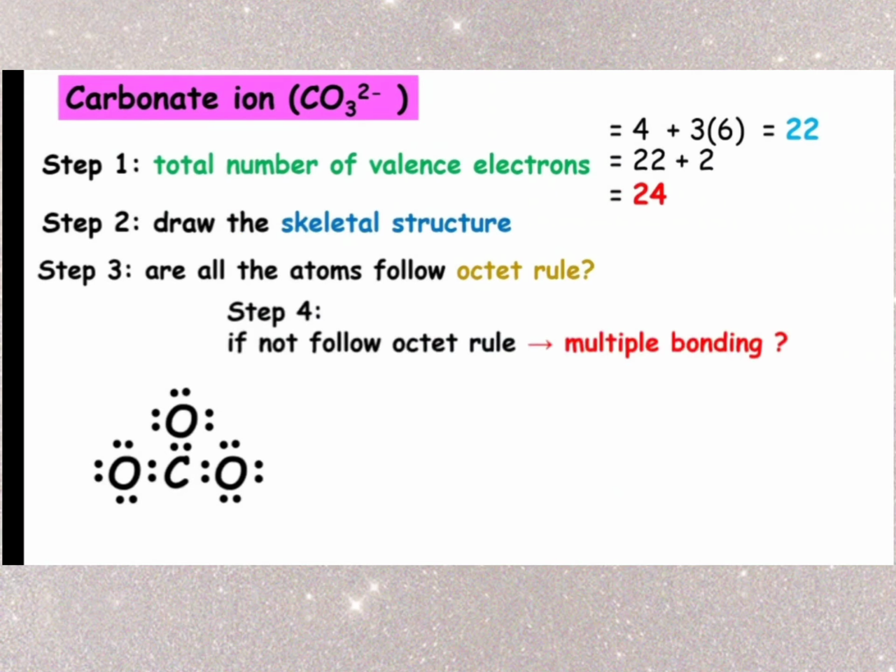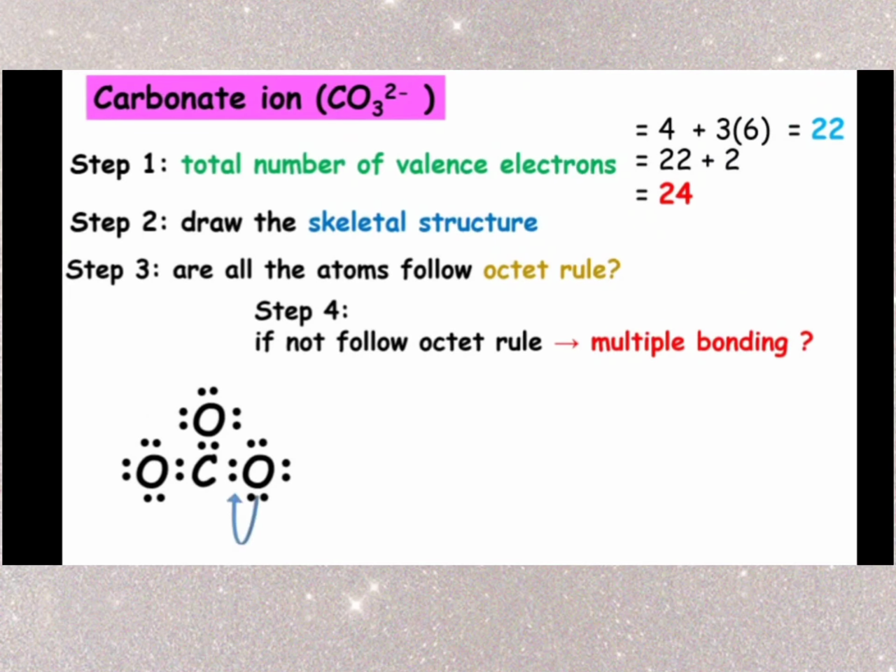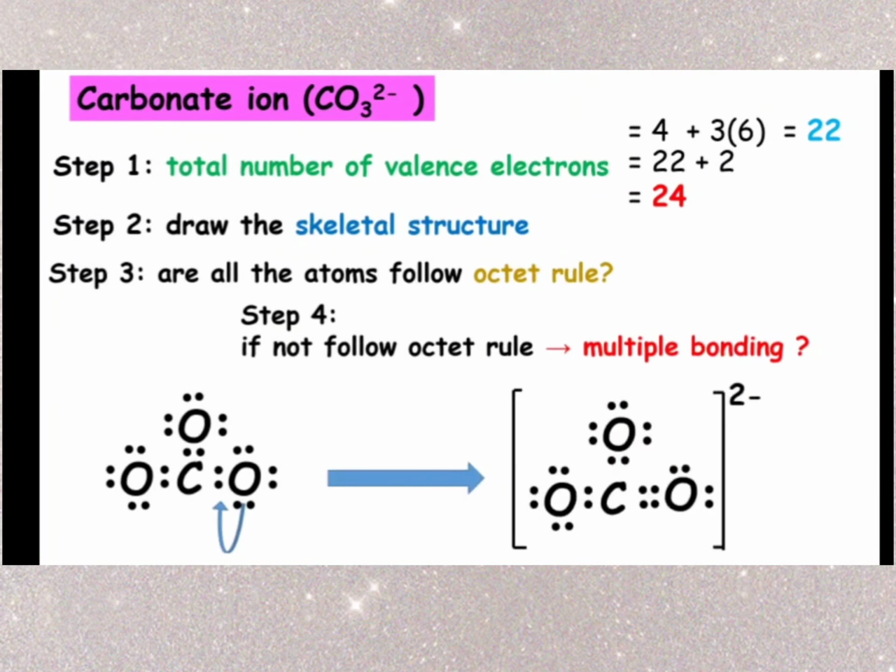Next step, check whether the central atom has an octet or not. If it does not have an octet, then move an electron pair from the outer or terminal atom to form a double bond or triple bond. So, this is the Lewis structure of the carbonate ion.